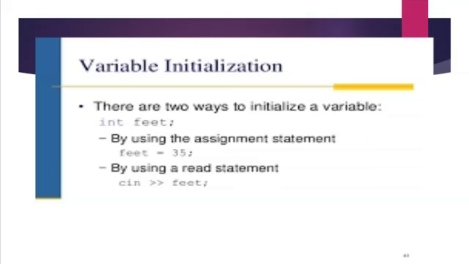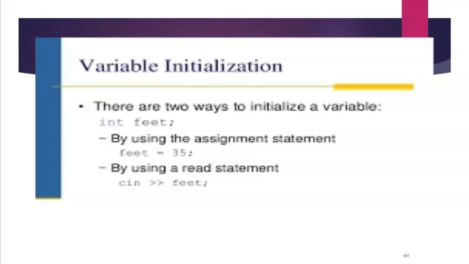The syntax for initialization is: data type, variable name equal to data, semicolon. The data type is either integer, float, character or double. Whichever data type we need for the variable will be mentioned here. Then we give the variable name and also assign some value to the variable.